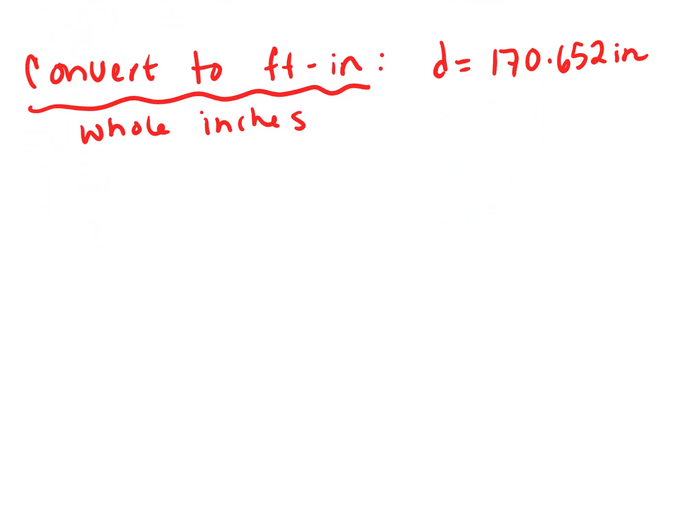If we had our final answer, 170.652 inches, how could we convert that back into those mixed units of feet and inches? Well, this is just going back into conversion. If I wanted to figure out how many whole feet that is, I would multiply by 1 foot on the top and 12 inches on the bottom, so basically dividing by 12, because now we're going backwards.